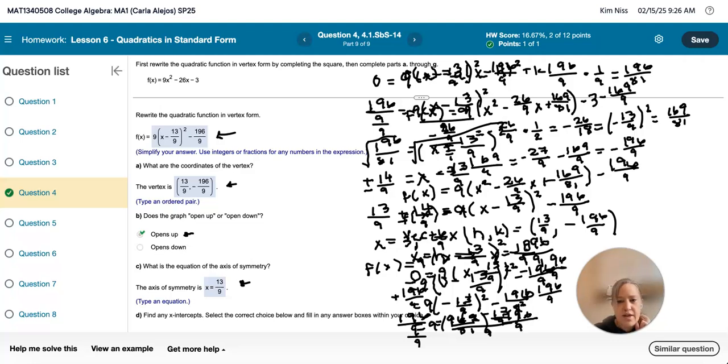Then you multiply the 9 into the 169 to get 1,521 over 81 minus 196 over 9. Now it's just a matter of simplifying.